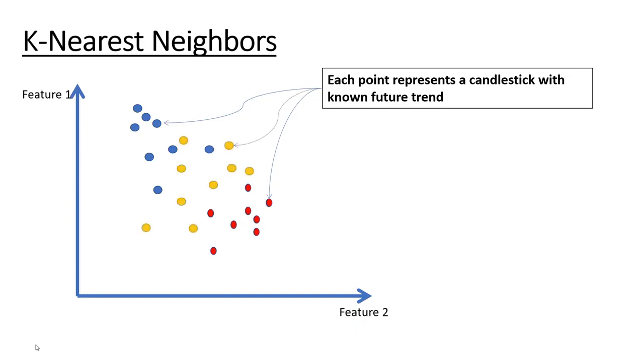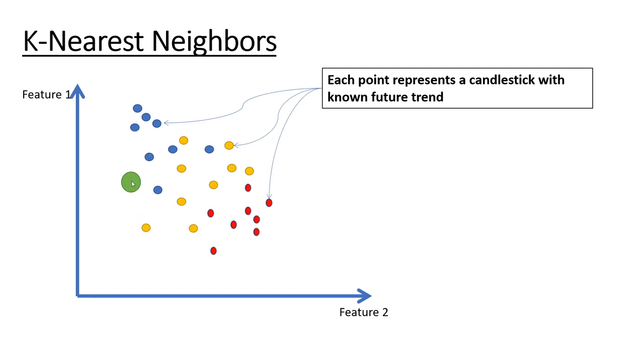Now imagine you have a new candlestick that you would like to assign to one of these three groups in order to try to guess the future trend. If you consider k equal 3, for example, you will take into account the three nearest neighbors to this green point here, our new candlestick. And as it happens, two of those are blue and one is yellow.